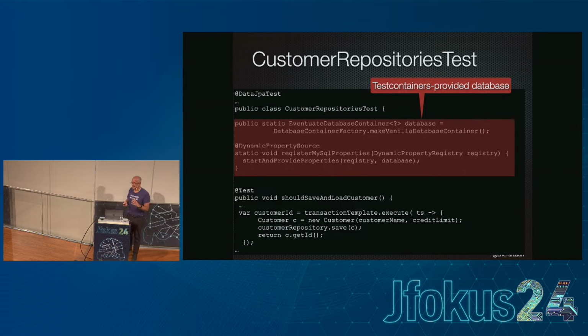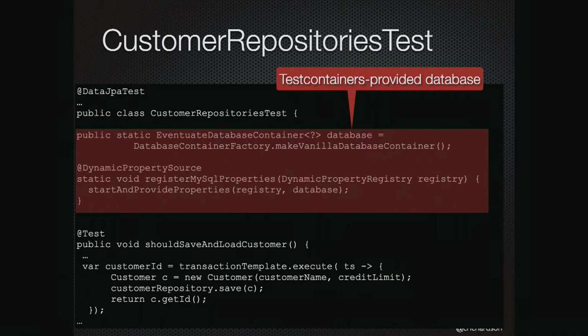So this is a test case for a customer repository. So the application is using Spring Data for JPA repositories. And this test is using Testcontainers, a popular testing framework, to actually provision a database. So you don't have to have one pre-installed. It just runs a Docker container.